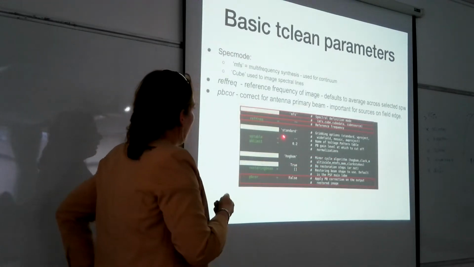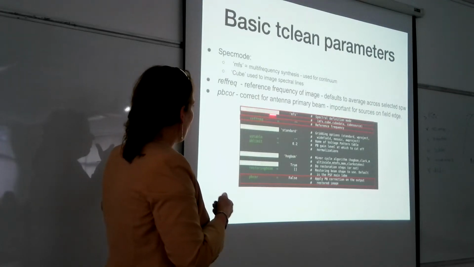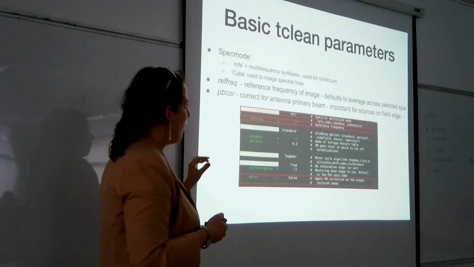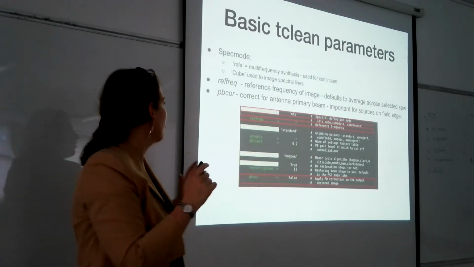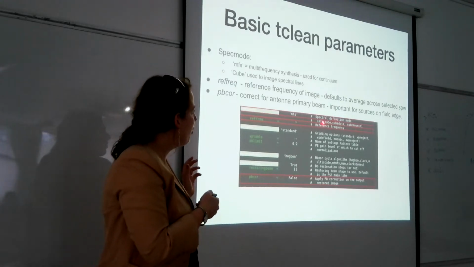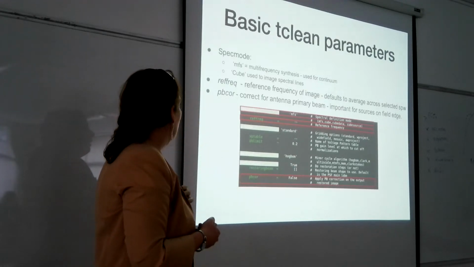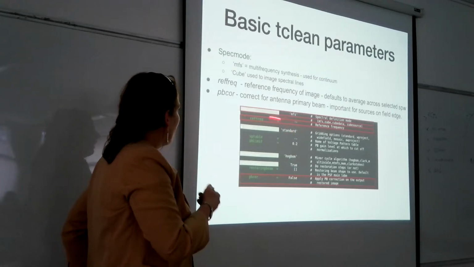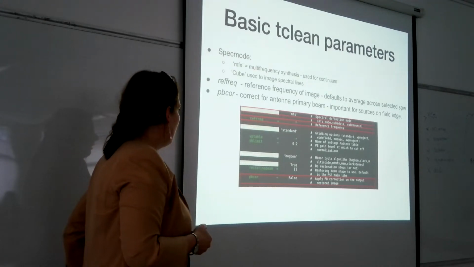Then you have to define what it is that you want to do. specmode equals mfs means that you're going to clean continuum, so it will merge everything together. But you can also set it to cube if you want to do line cleaning. I'm going to show examples. If you're doing line cleaning, you always have to set a reference frequency.